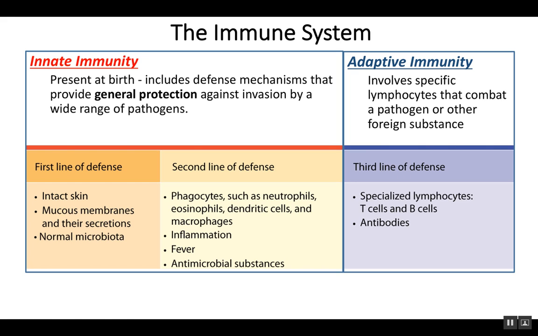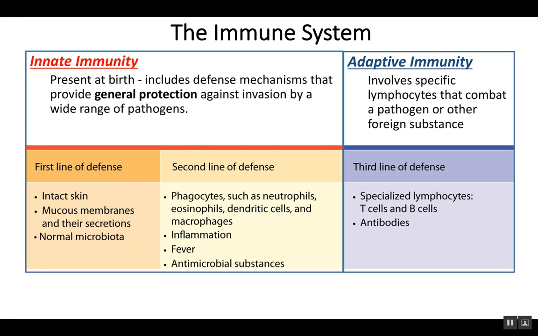But its job is to be there when you're born, to hopefully prevent pathogens from getting into the body, and if they do, have some mechanism to rid the body of those pathogens.